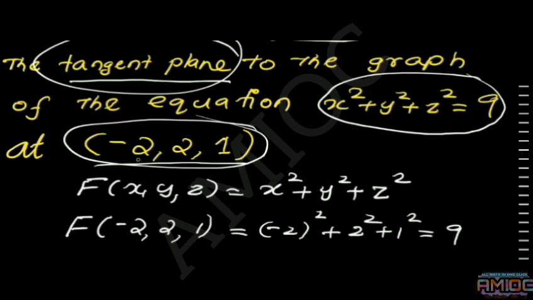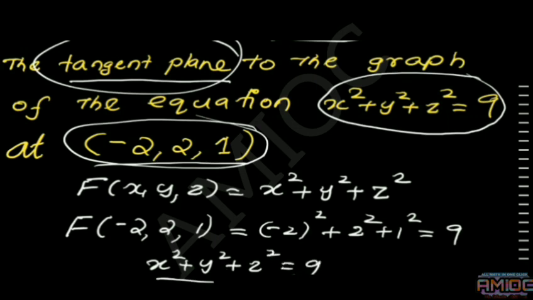Therefore, if we put -2, 2, 1 for x, y, z, we will get f of (-2, 2, 1) equal to 9.